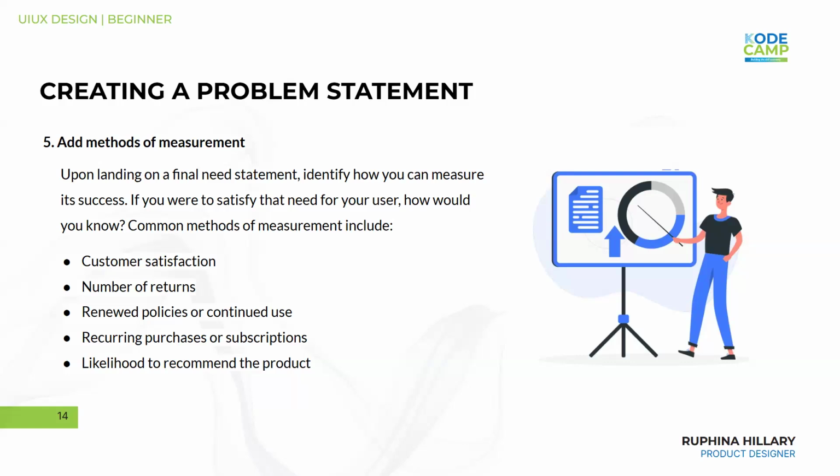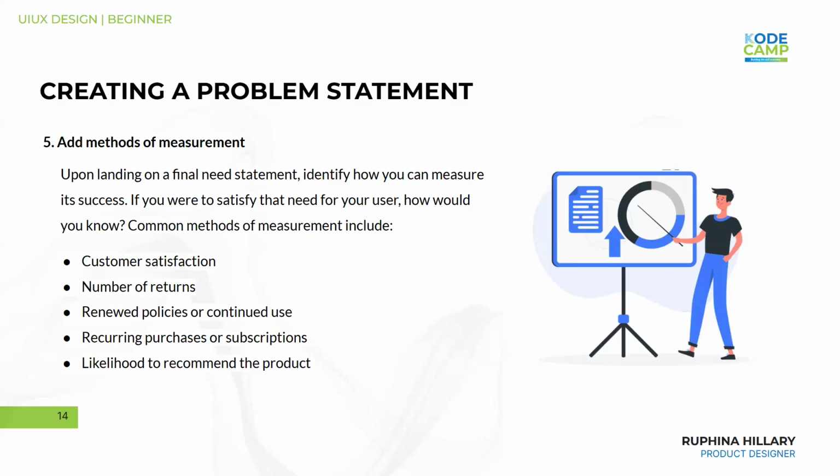So now that you have identified this, this is your problem statement that you're going to work with. You have a need that you're going to work towards achieving or filling for the users, and you have the insight, the reason why you think that need is important. So you also have to add a method of measurement. You're not adding this method of measurement to your problem statement, it's just to your desires generally.